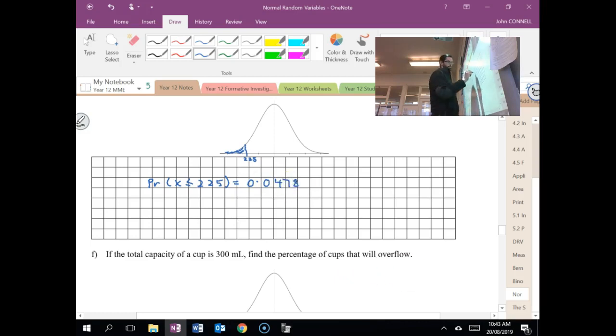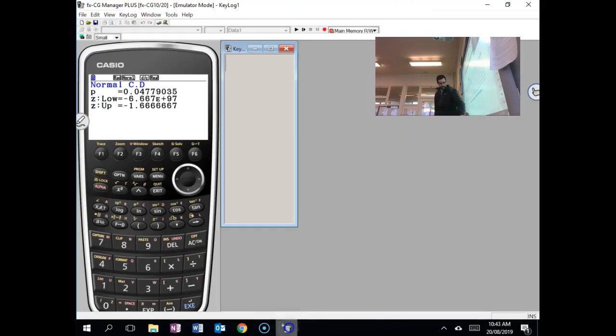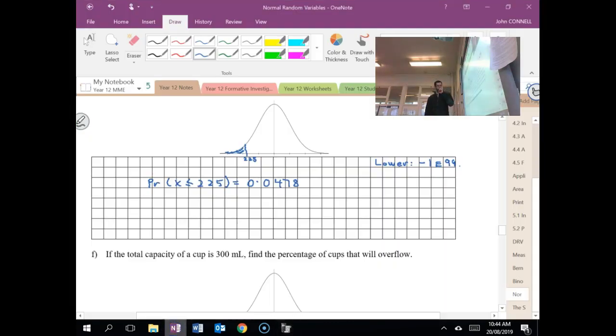And let's just take a record that we said that the lower was -1 e to the 99. People know how to get -1 e to the 99? So the E button is down next to the minus button. EXP stands for times 10 to the power of. Okay.